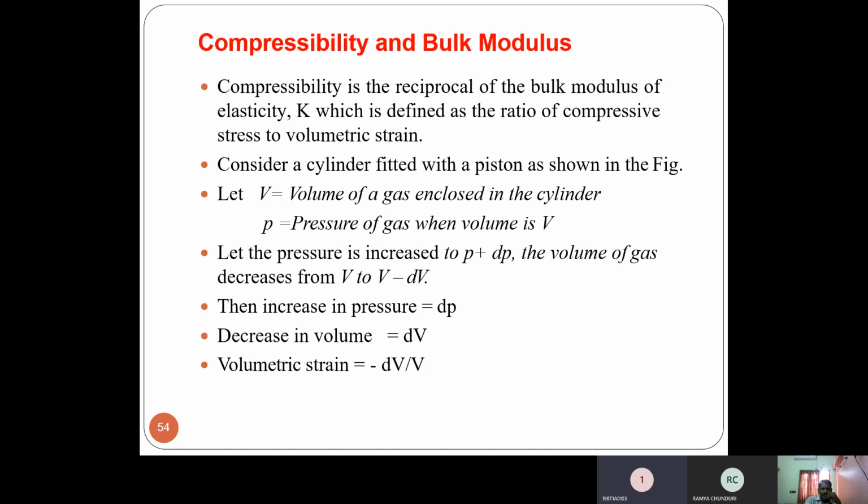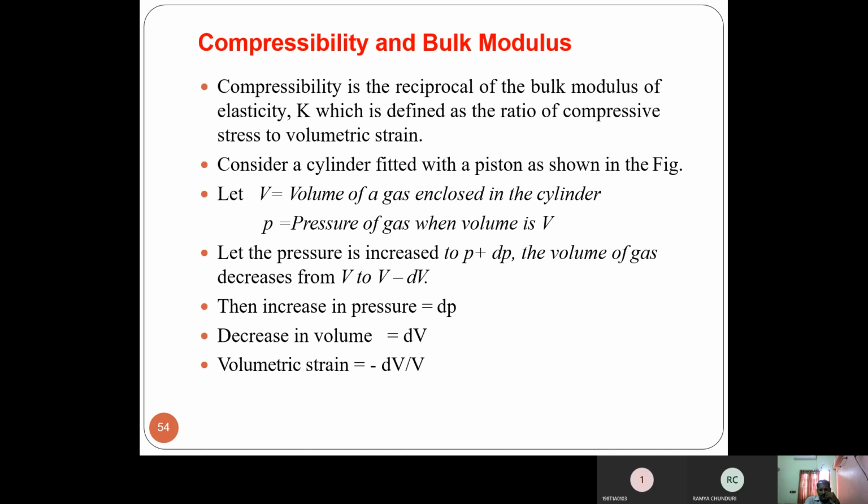Now the decrease in volume is the final volume minus the initial volume. The final volume is V minus dV, and the original volume is capital V. So decrease in volume is equal to V minus dV minus V. If we simplify it, plus V gets cancelled with minus V, so we get dV.